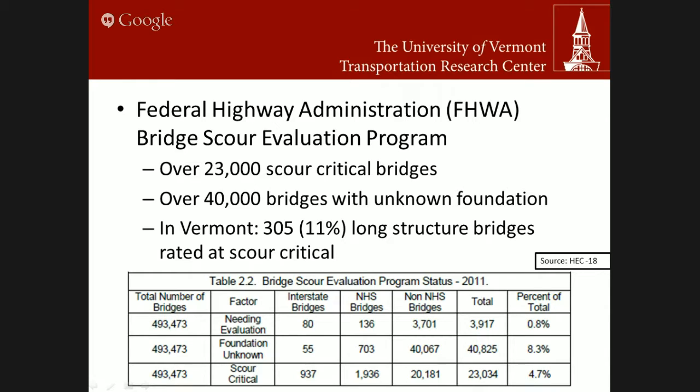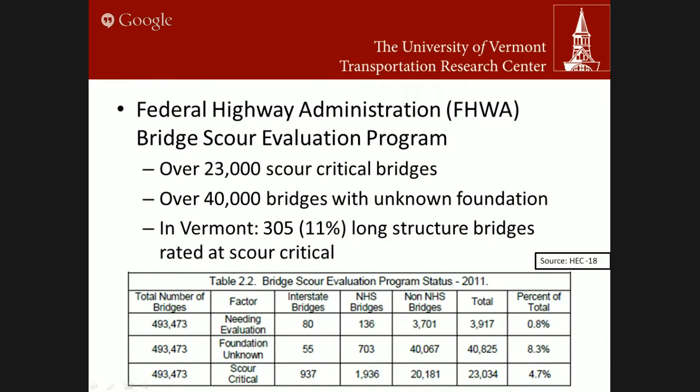That is about 5% of the total bridges in the United States. In Vermont, there are 305 long structure bridges that are considered scour critical, which represents about 11% of the total bridges in Vermont, a little bit higher than the U.S. average. This is post-Irene data.